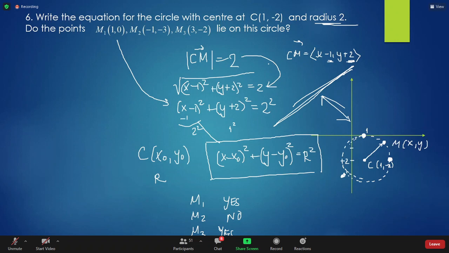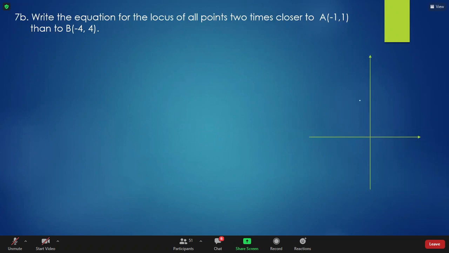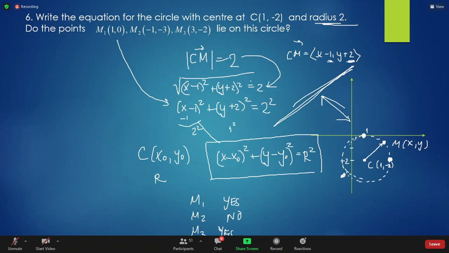Next. Miss, I have a question regarding the equation, right? Since they asked for the equation of the circle, do we need to expand the equation? Okay, no. When you obtain an equation, this is actually the best form for this equation because you see the necessary parameters of the circle.